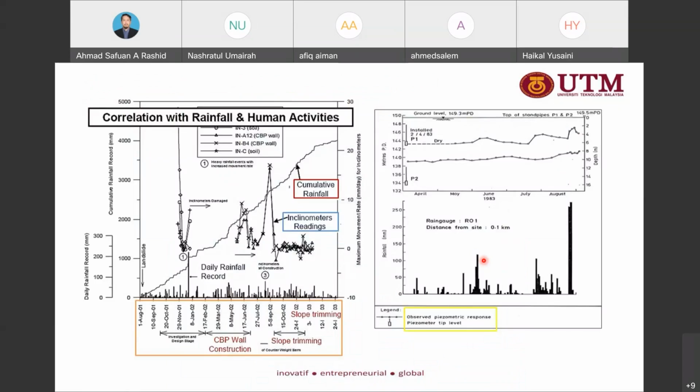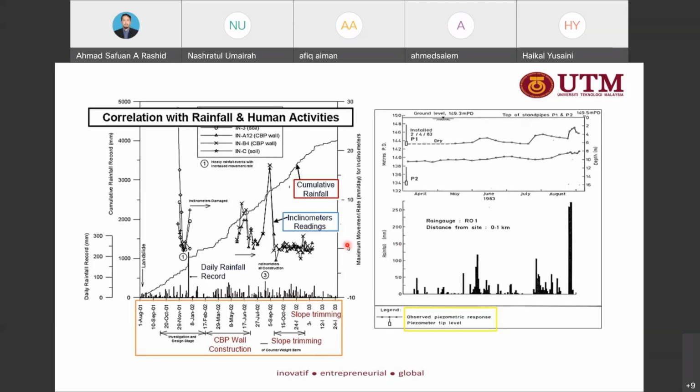Okay, so this is an example of the rainfall, and also with the inclinometer reading. So from there we can identify what is the influence of the rainfall, and how much infiltration happens, and also we may determine whether there is any movement happening at the slope area.